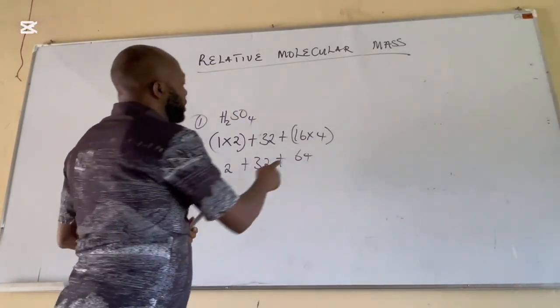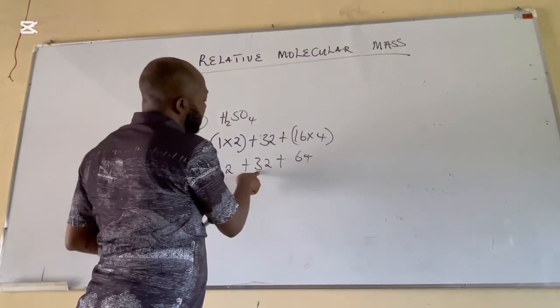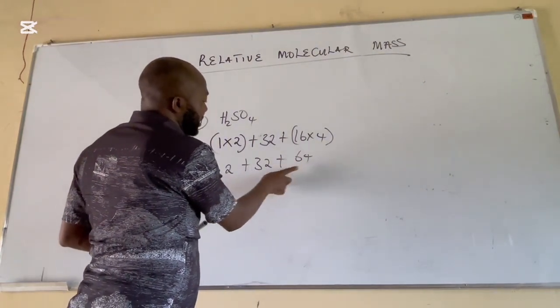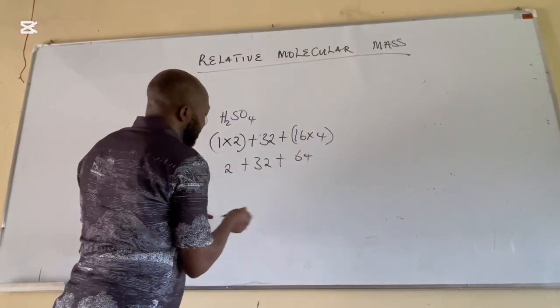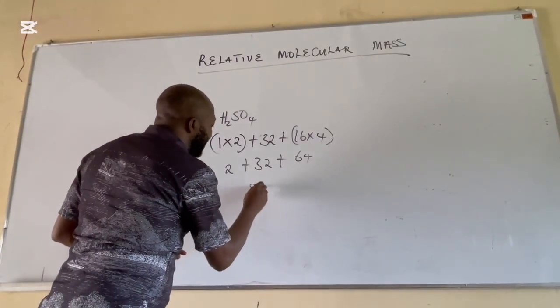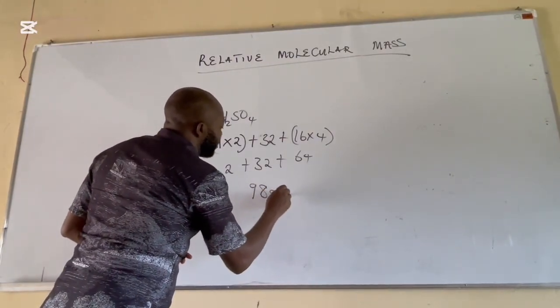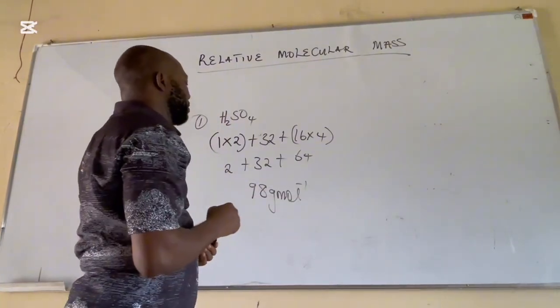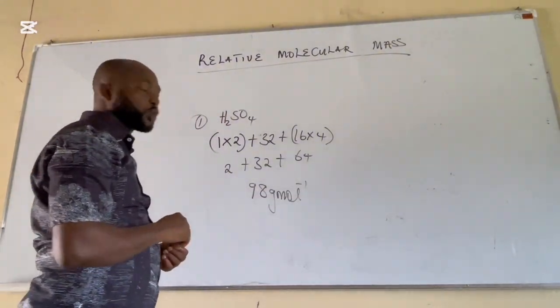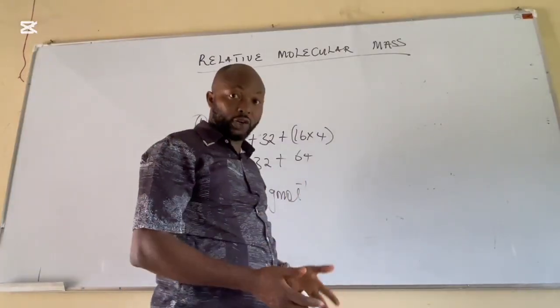Now, 60 plus 30 is 90, 96, 97, 98. So in total I have 98 g/mol. So this is our first question, and this is how we calculate it.